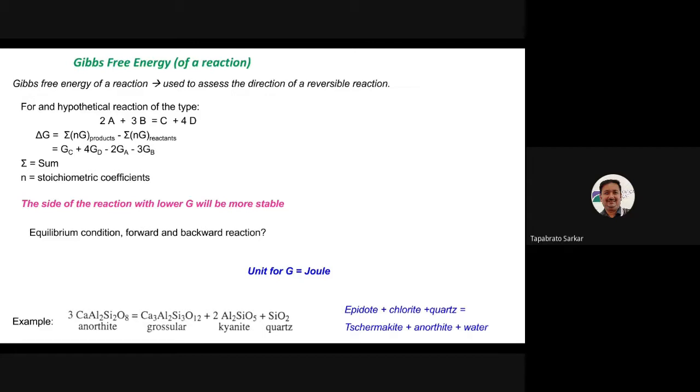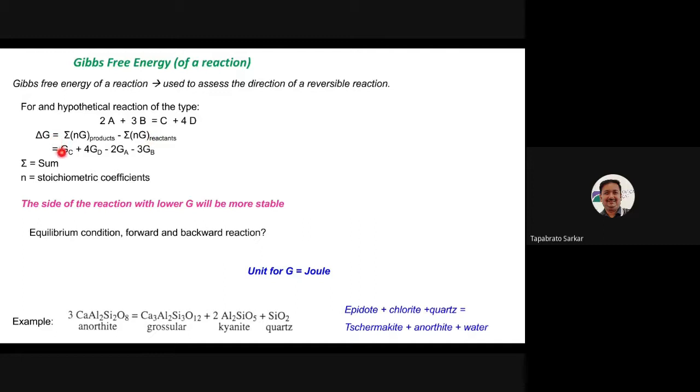Okay, now the Gibbs free energy of a reaction is used to assess the direction of a reversible reaction. This is also your knowledge from chemistry. For example, if we have a hypothetical reaction like this, where A and B in different coefficients or proportions react to form C and D, then the Gibbs free energy of the reaction, the difference del G, is basically the Gibbs free energy of the products minus the Gibbs free energy of the reactants.